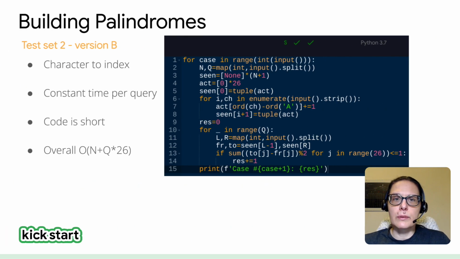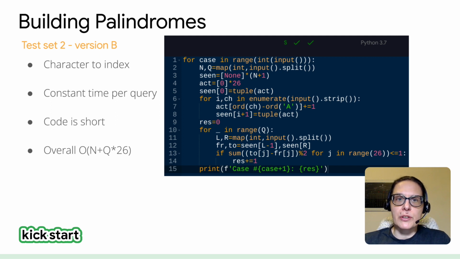In the code, to identify a letter, we use its index in the ABC with the help of the ord function. During the preparation, the list seen keeps the arrays of prefix sums by letter indices, which is filled during walking through the input, while the array act holds the actual number of occurrences.